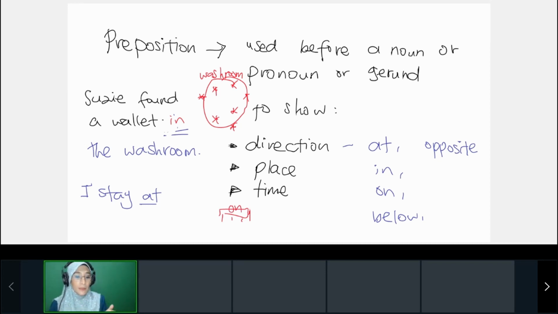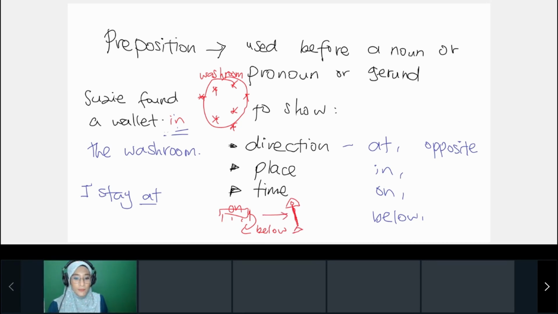Or if let's say below, then it's underneath. This is below the table. What if it's the opposite? Maybe you have a table here, and maybe you could have a lamp. Oh my God, I'm so bad at drawing. A lamp, right?